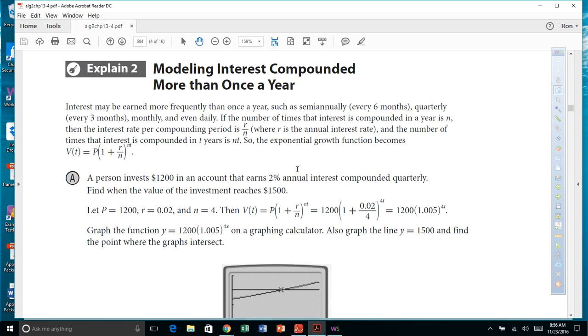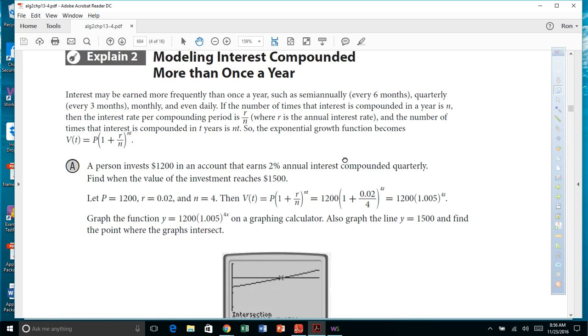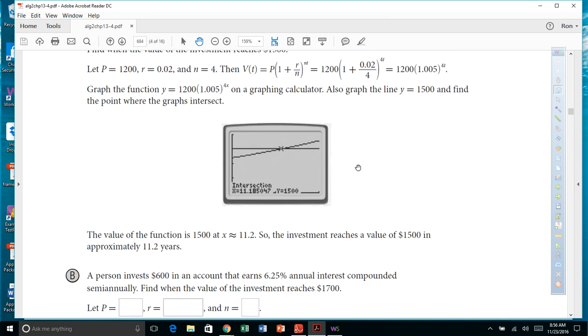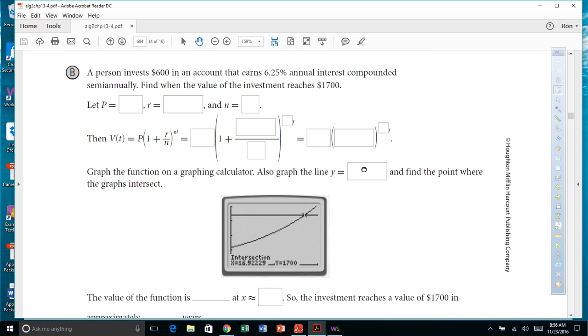If the number of times that interest is compounded in a year is n, then the interest rate per compounding period is r divided by n, where r is the annual interest rate, and the number of times the interest is compounded in t years is n times t. So the exponential growth function becomes v sub t equals principal p times 1 plus r over n to the nt power. Go ahead and read A, and when you get back, we'll do B together.